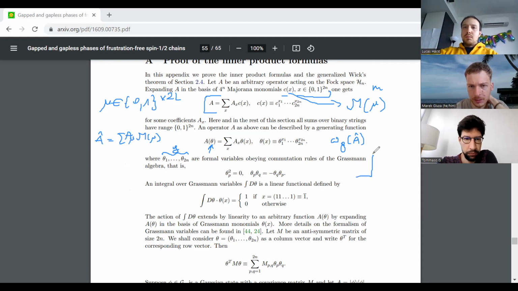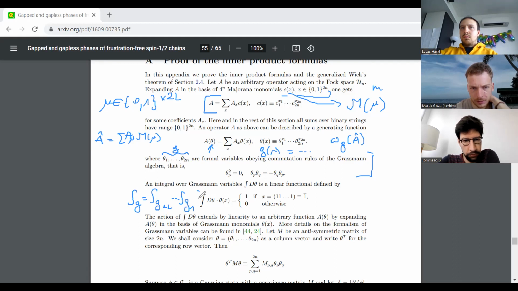Anyway, Grassmann algebra we were writing down, and this was G of mu, which we had as a monomial as well. Then I was introducing the notation integrating against a Grassmann number. So that would mean that I have G2L until G1.